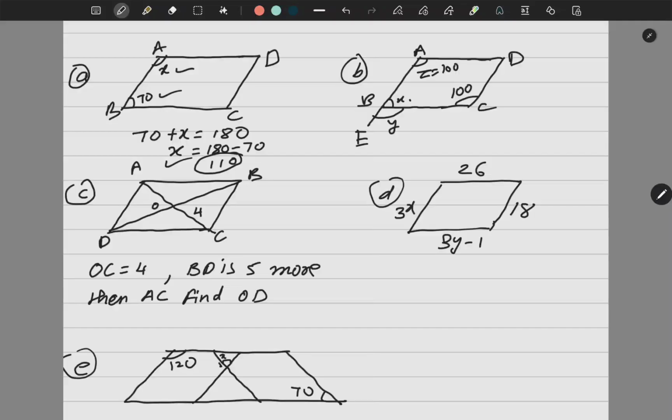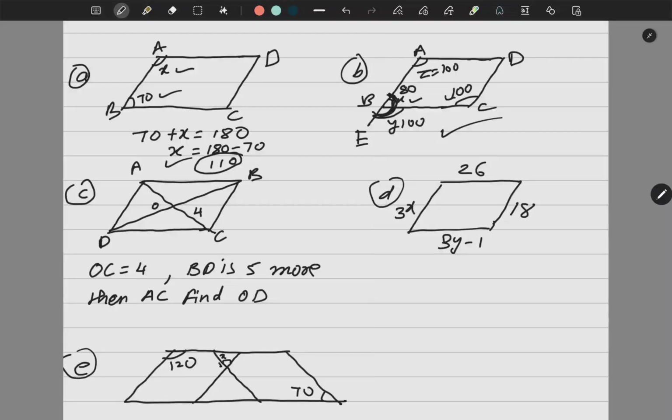Also I know these two are adjacent angles and the sum of adjacent angles is 180. So if this is 100, this has to be 80. Now clearly x and y make a linear pair, and the sum of a linear pair means x plus y is 180. So if x is 80, y has to be 100. So this is my answer. Correct? Now look at the next question.